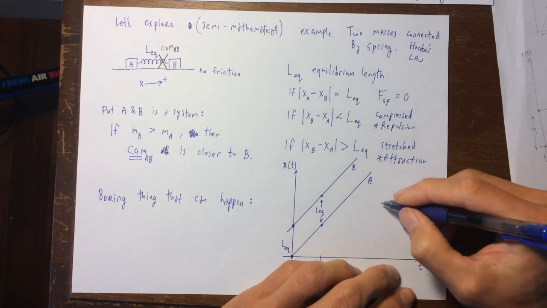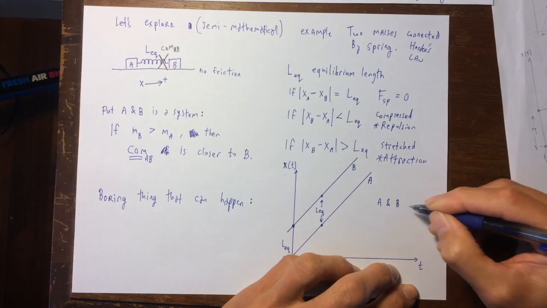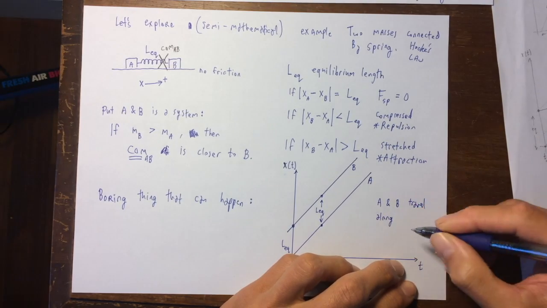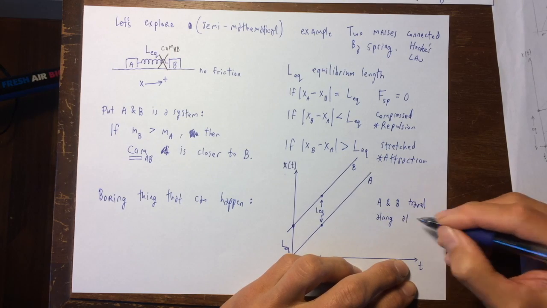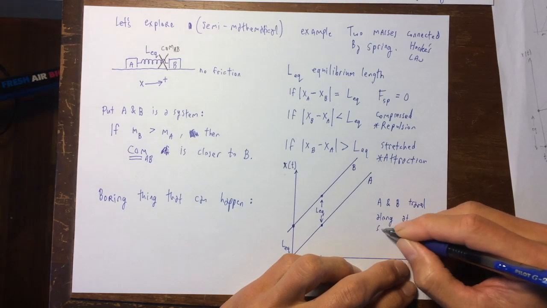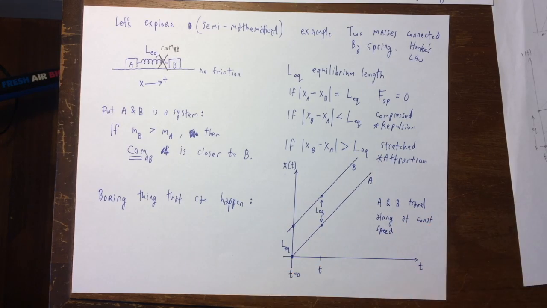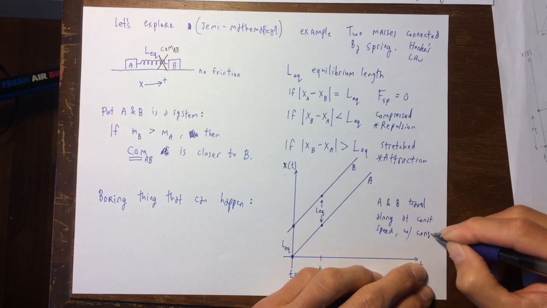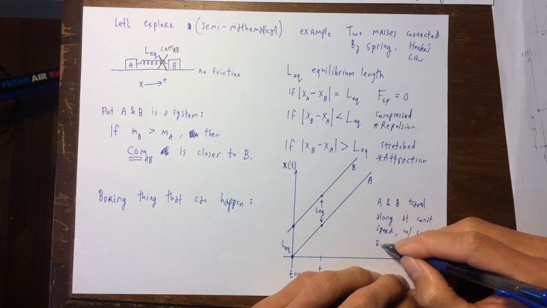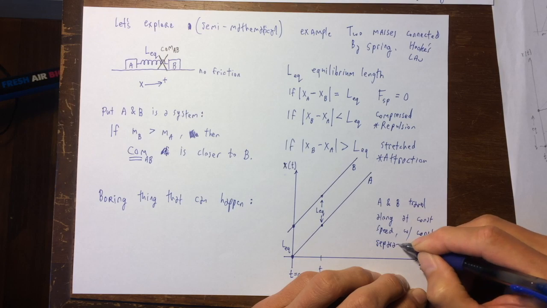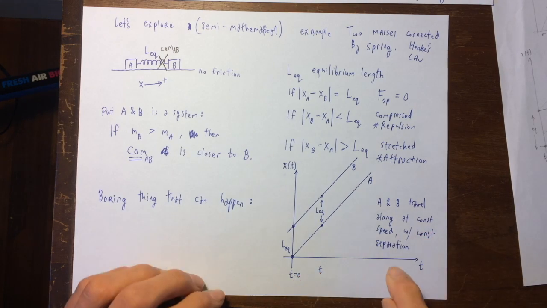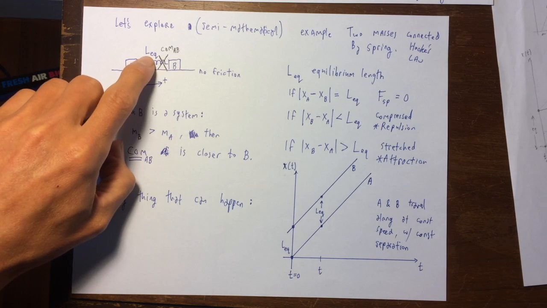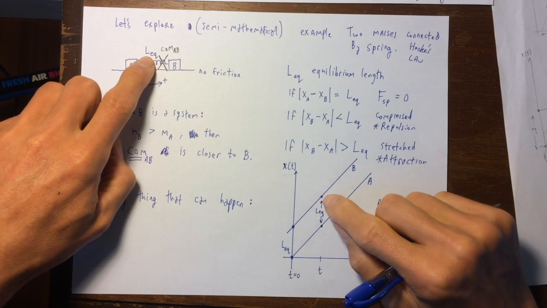So A and B travel along at constant speed with a constant separation.